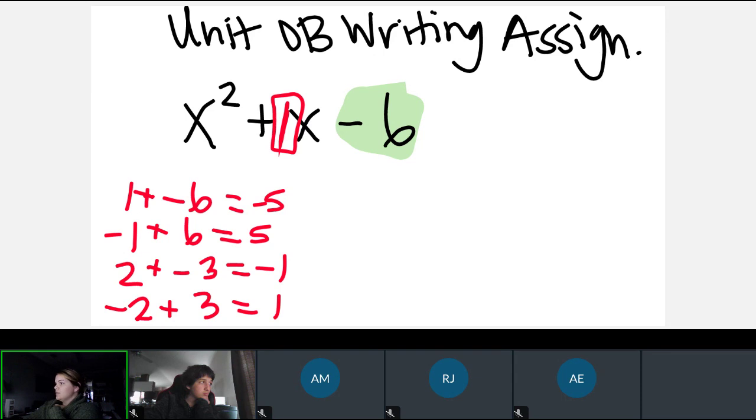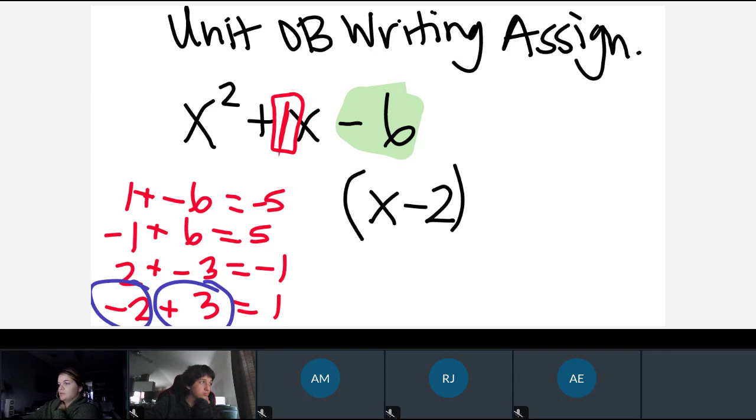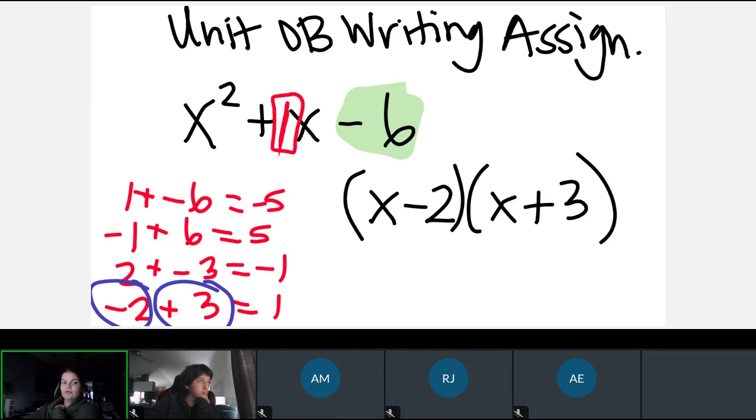So, as you can see, -2 plus 3 would be 1. So that means my two factors here are going to be -2 and +3. So I'm going to write x minus 2 and x plus 3. That's it. So when it says to factor it, that's all you're going to do is write it as a product.